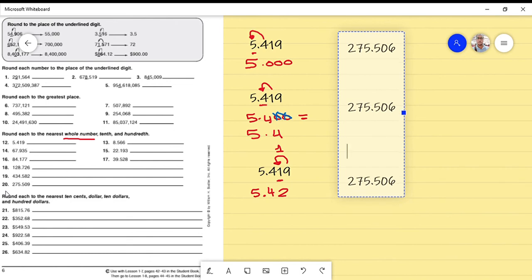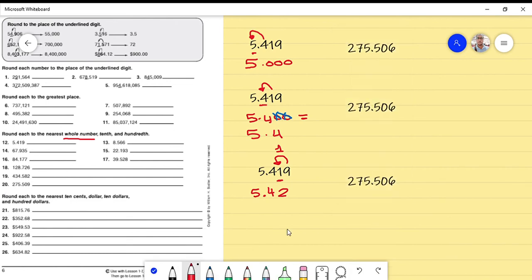Now let's start. Here we round to the nearest ones, or nearest whole number. The whole number here is 5. Look at the number just to the right of it. It's 5. So 5 rounds up or down? Round up. So 5 will be 6, and here is 7 and here is 2. Look at the next. Round to the nearest tenth.